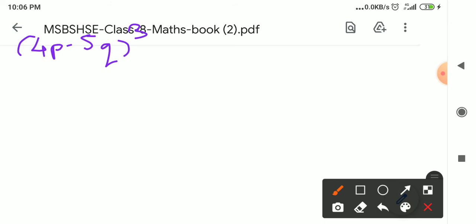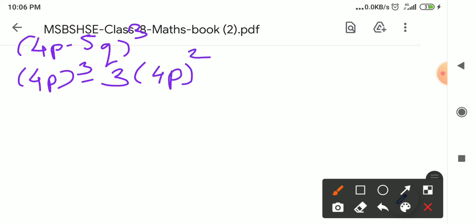According to the formula, first term cube we have to take, sorry, cube not square: (4p) cube minus 3a square b, means (4p) square, b means 5q. So how is the formula?